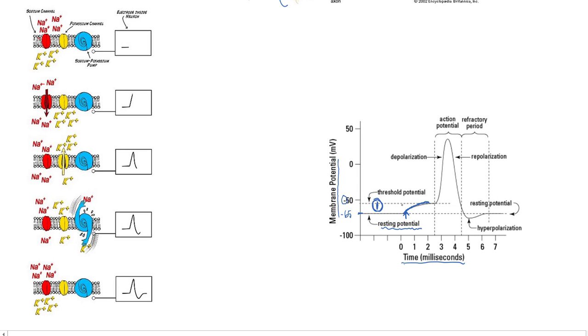And when it reaches this threshold, which we'll talk about, somewhere around minus 55 millivolts, it surpasses the threshold and then causes depolarization, which is what we'll call step two in this overall process. And so the membrane potential is changing from this minus 65 and going up to about plus 40 millivolts. And we'll talk about what's going on there, but then it enters the third stage of the action potential, and that is called repolarization.